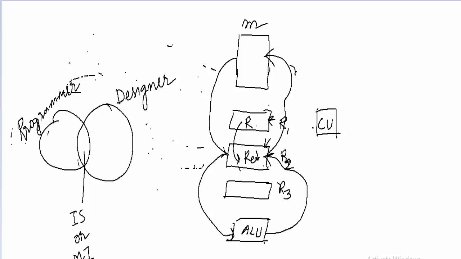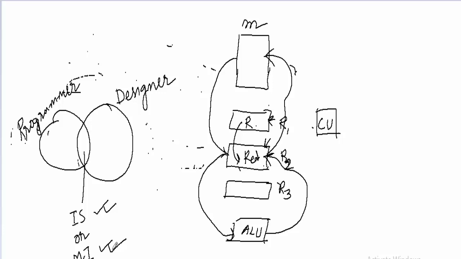Before designing the computer, the designer has to first set the instruction set or machine instructions. Using the instruction set, the programmer and designer will interact with each other.